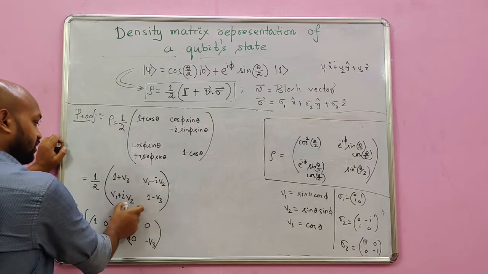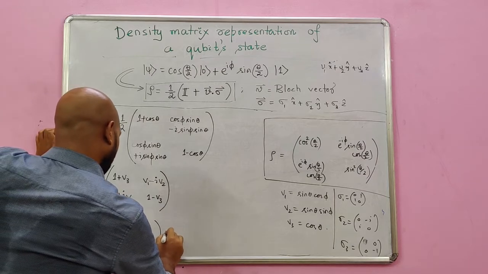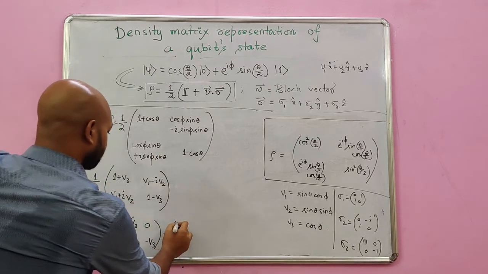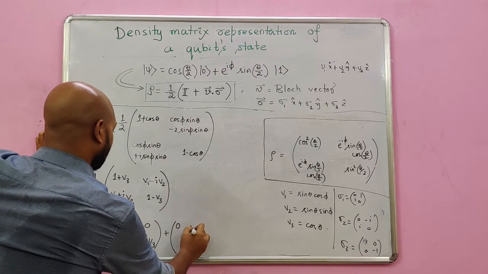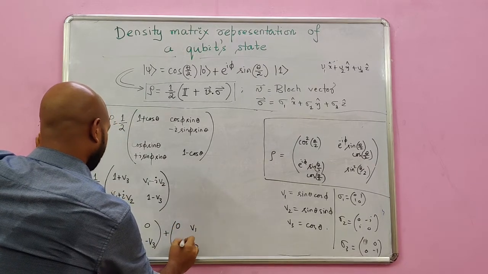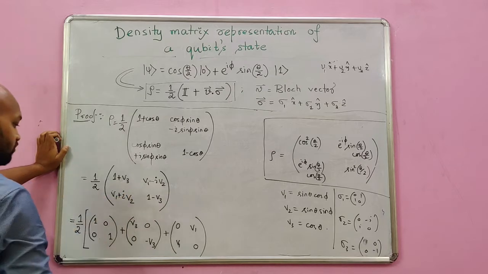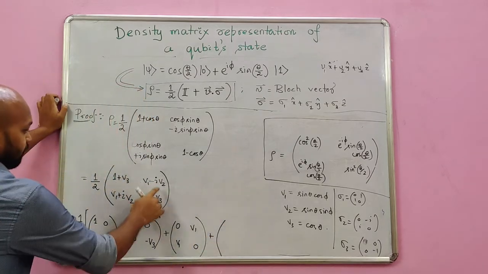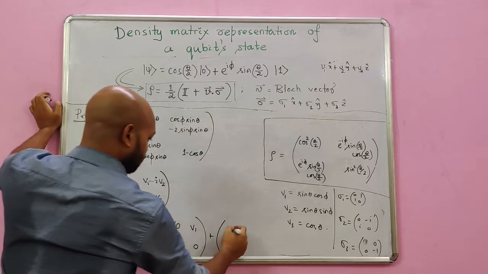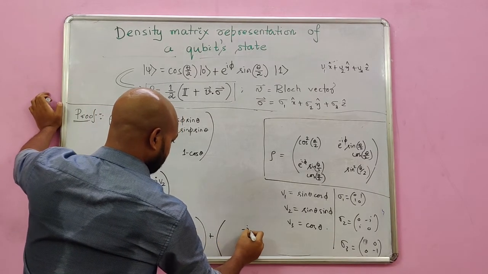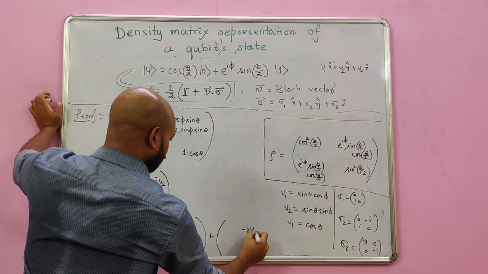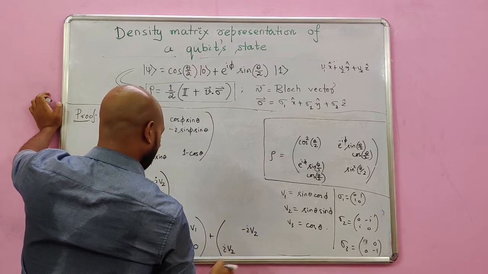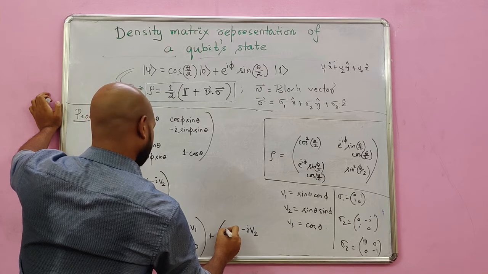Then let's take care of these terms. So first I write it as 0 0 V1 V1 for this first term, and then in the second term minus i V2, i V2, and here 0.